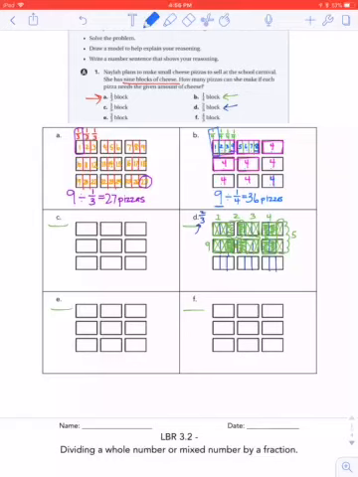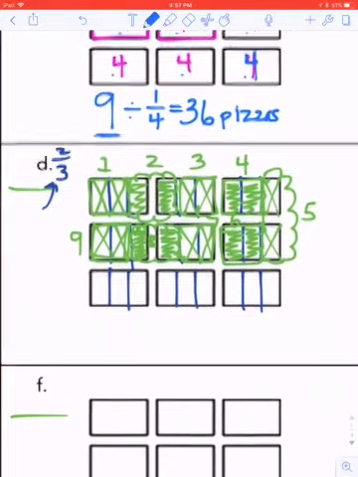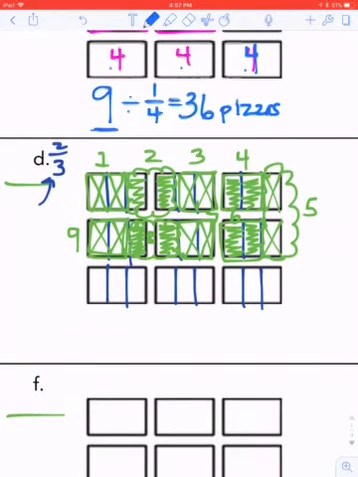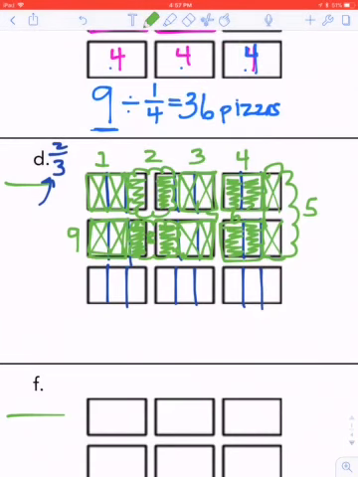All right, so where we left off on D, we'll go ahead and finish that one off before we go back to C. And so we were at not working with cupcakes. We are at pizza number 9 here, and each pizza needs 2/3.